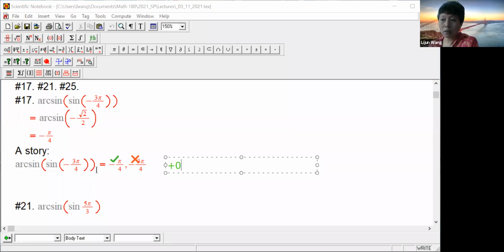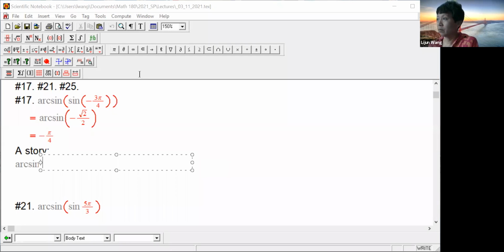Why? Because arc sine is a one-to-one function. For one input, it should give you exactly 1 output, and you give me 2 outputs.